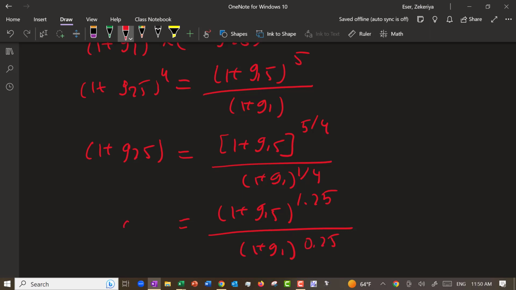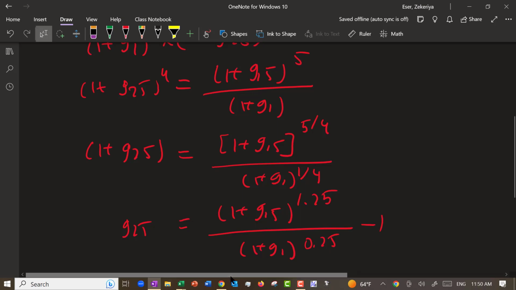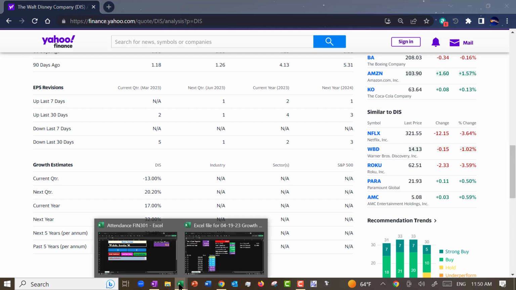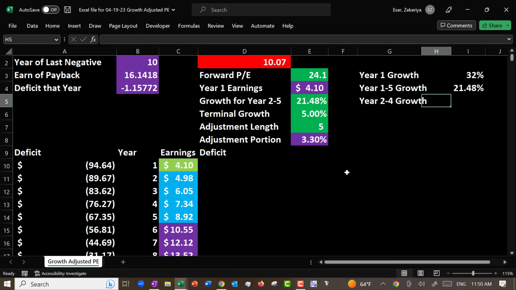Okay? It's going to be 1 plus year 1 to 5 growth raised to the power 1.25, close all that parenthesis. Again, I don't have to, but I like being on the safe side of things.